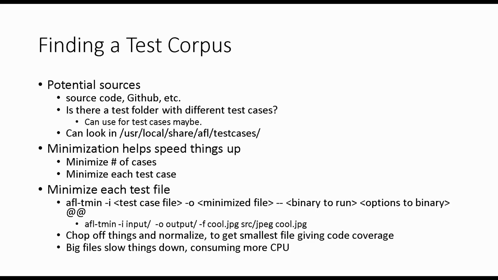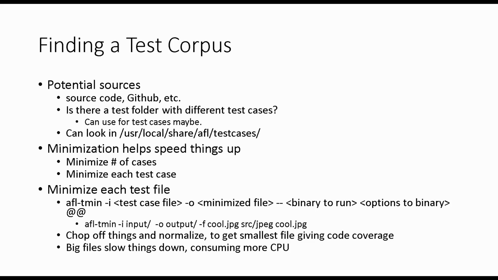I have this in opposite order, but firstly, we want to minimize each test case. So if I have a specific JPEG, I want to minimize it and make it as small as possible, removing any extra bytes. That may seem trivial, but it all adds up. And that's part of why AFL can be so fast, because it deals with minimization in many, many respects.